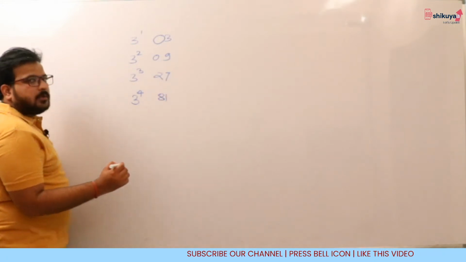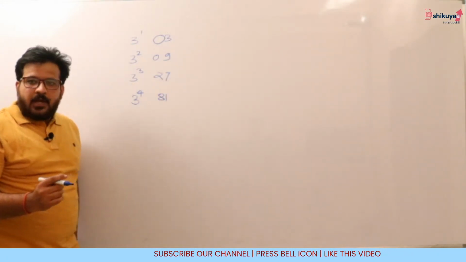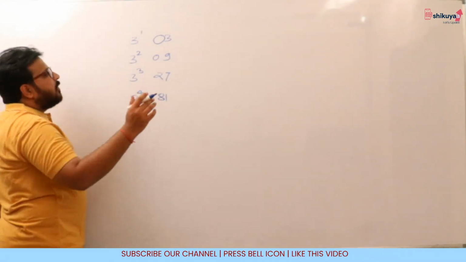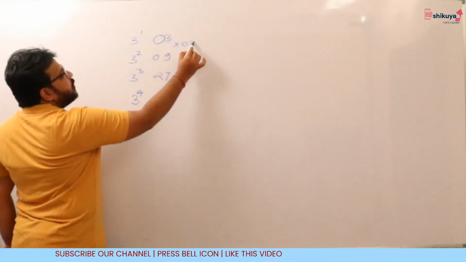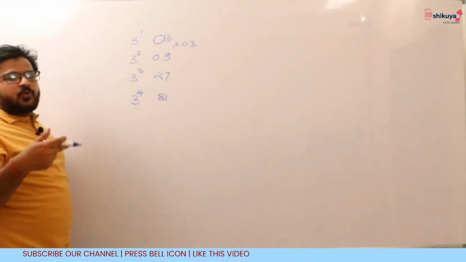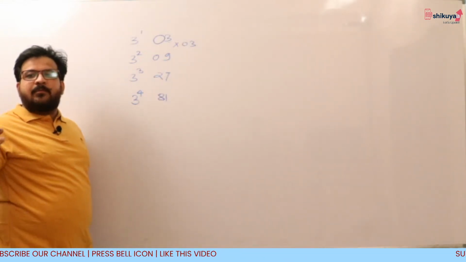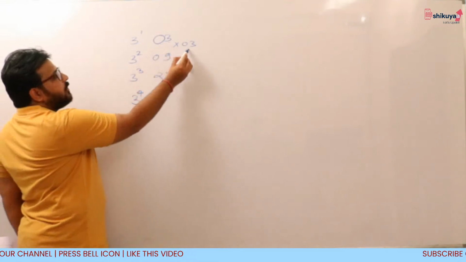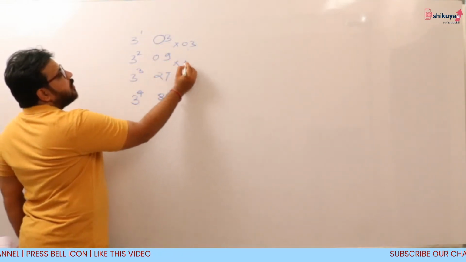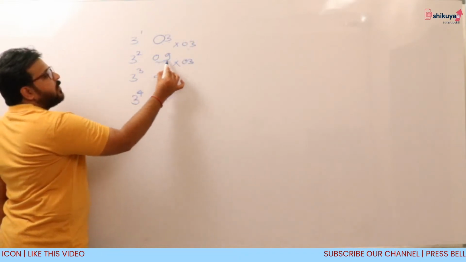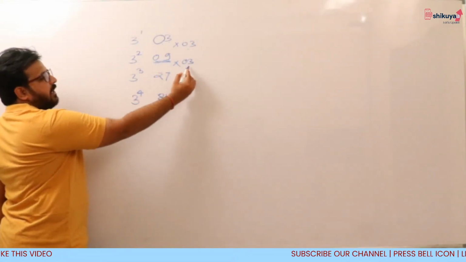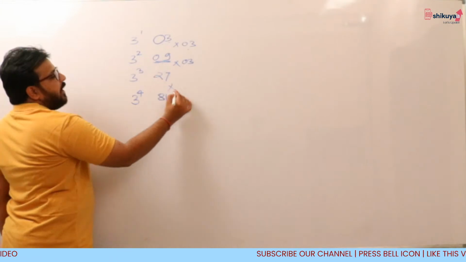Now look at the numbers. They are very easy. You have learned them in your school days. 3 into 3. When I square a number, that means I multiply the same number two times. So 03 into 03 is 09. When I increment the power by 1, I am multiplying these two digits by 3 again. So 9 3s are 27. 27 3s are 81.